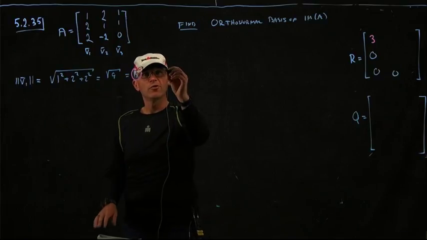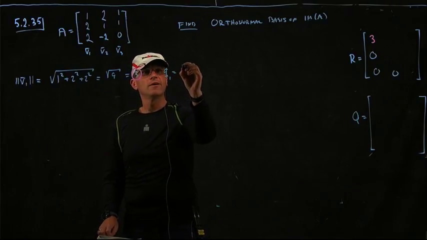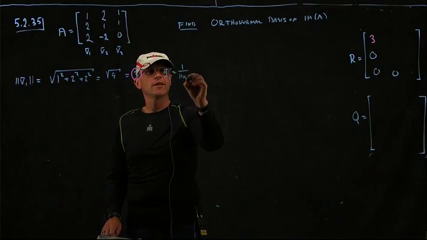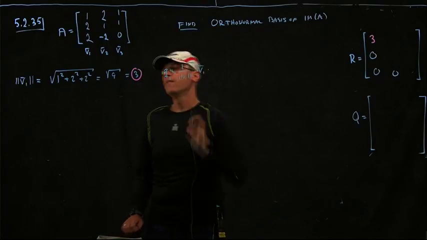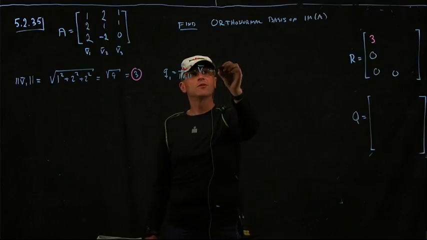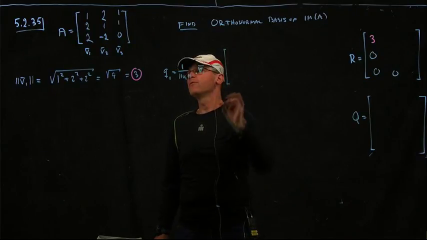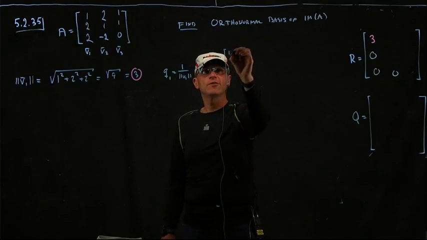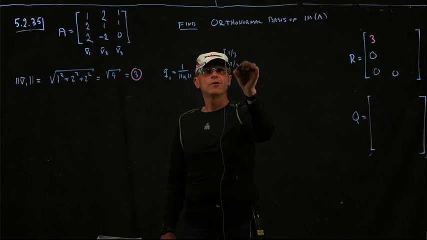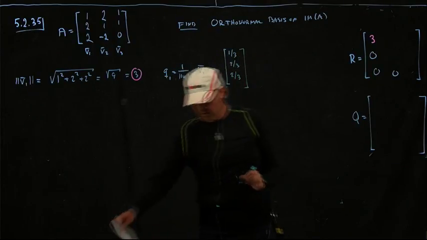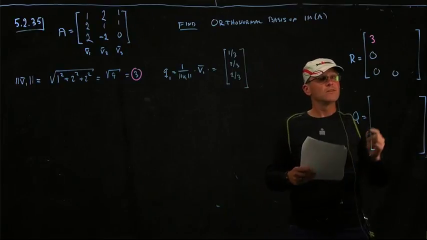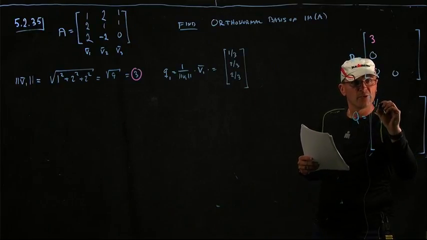And Q1 is just 1 over the length of V1 times V1. So just divide all the entries by 3: 1/3, 2/3, and 2/3. Let's put that over here for bookkeeping.